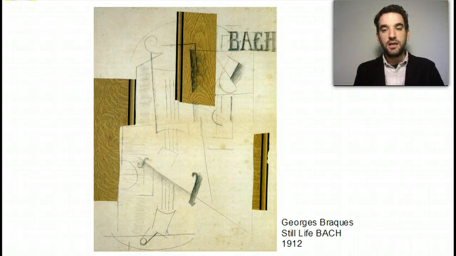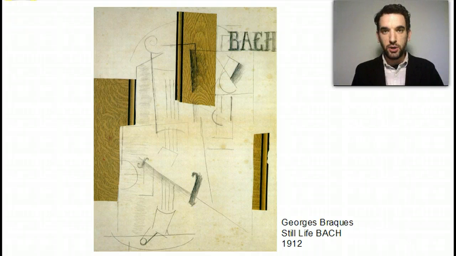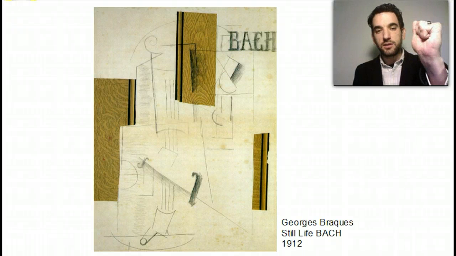And for this Still Life with Bach, this cubist collage, drawing, painting, two-dimensional work, it's probably the easiest way to refer to this thing, that's what he's doing. He's basically alluding to the fact that he could put wood paneling there, but he doesn't do it. Instead, he brings in this other thing.